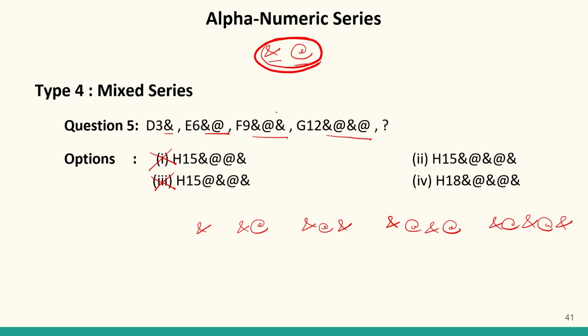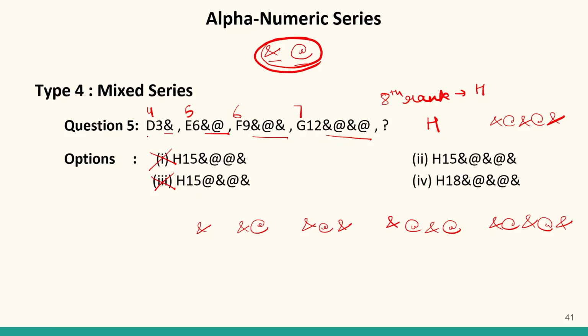Okay. Now let us look at the alphabets. D is positioned at 4, 5, 6, 7. So the eighth rank. Eighth rank is of which alphabet? Eighth rank is of H. So clearly we'll get H, and then we have to find the number. The symbol we have already found. This is the symbol, and now we have to find the number.